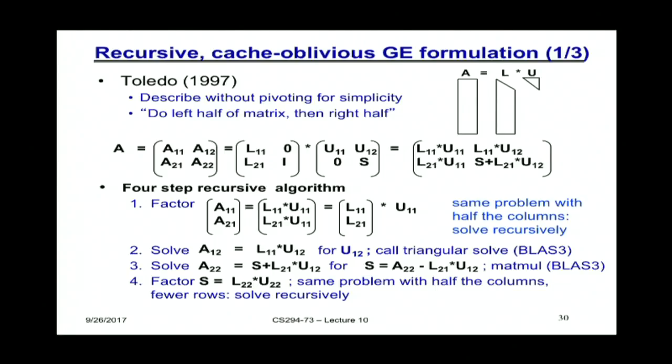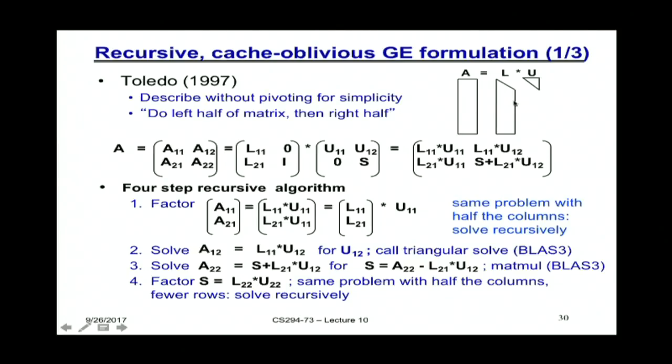So blocking still works. But here, I'm showing you the cache oblivious version, which has a better advantage. It's slightly better than the blocking version because it automatically takes care of the different cache memories. And that was proposed almost 20 years ago now.